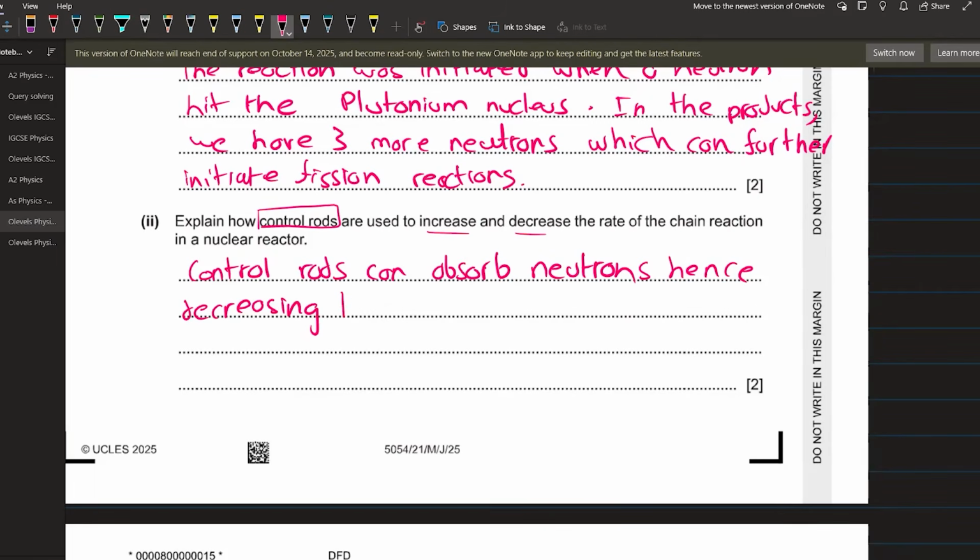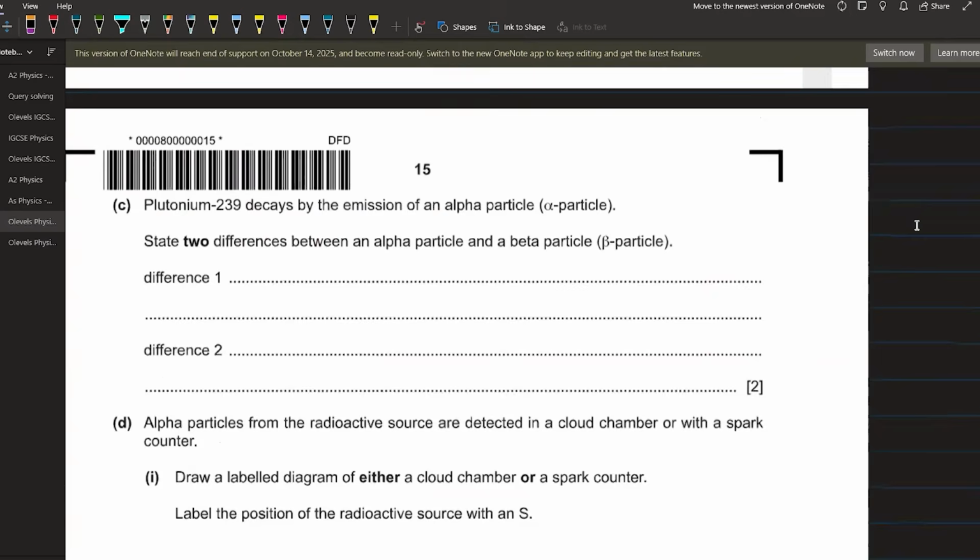Simple. आगे बढ़ते बेटा. Let's move ahead.